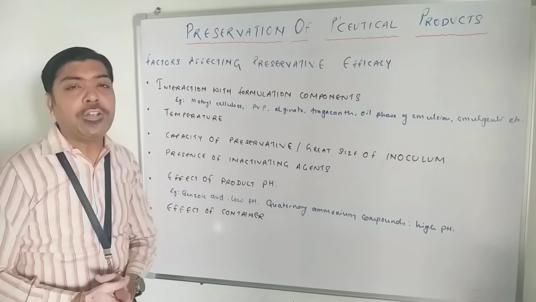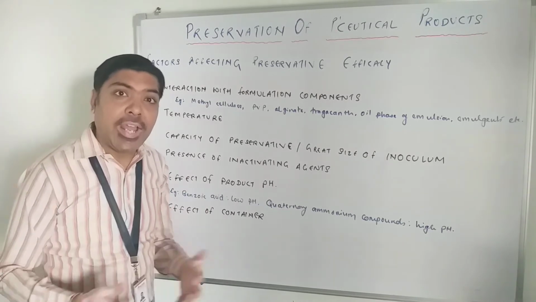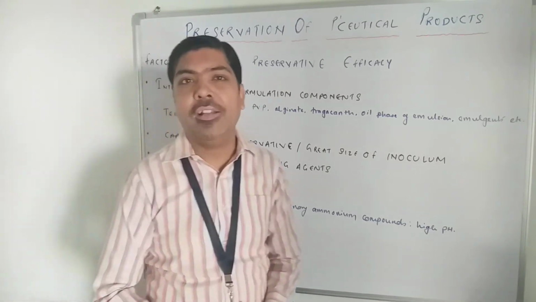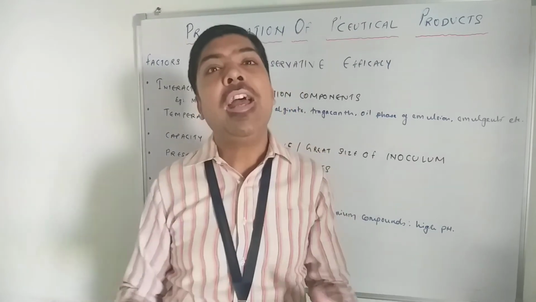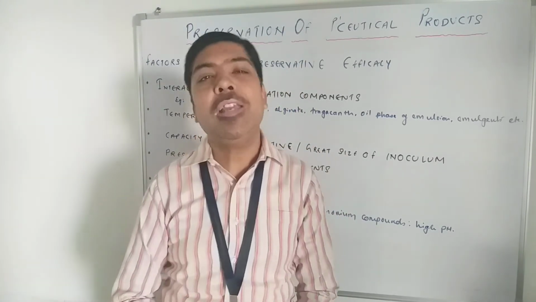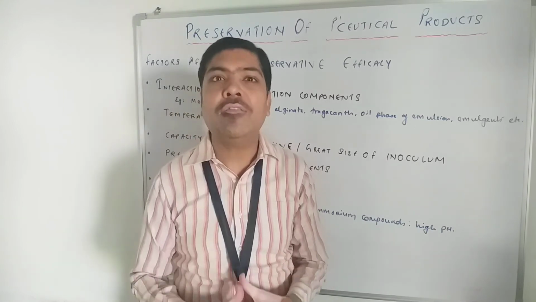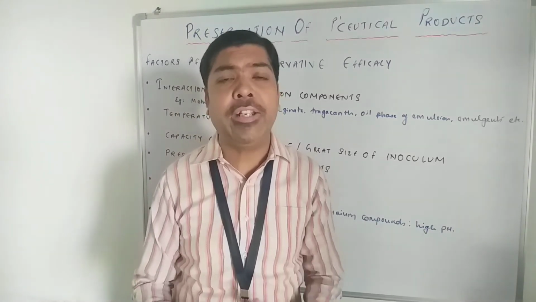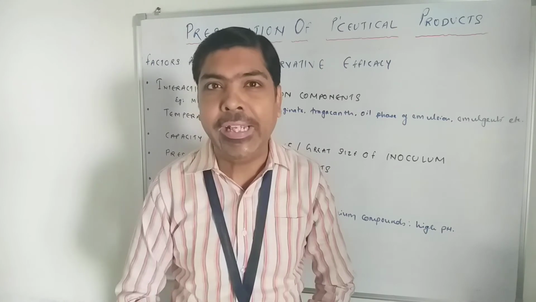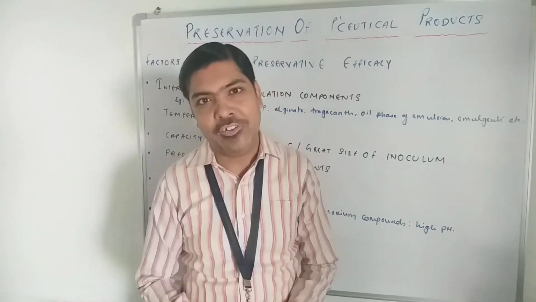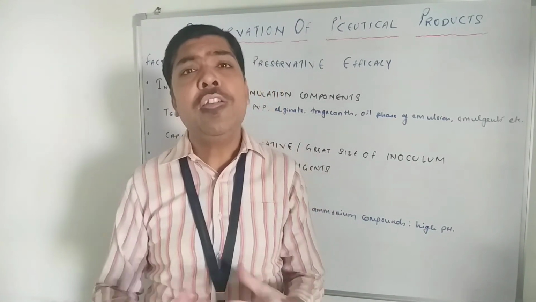Next is the effect of the product pH. Like we discussed about temperature, that every preservative works at an appropriate temperature, the same is true for pH also. Every preservative shows its maximum activity or protective ability at a particular pH. Generally that pH is on the neutral side.